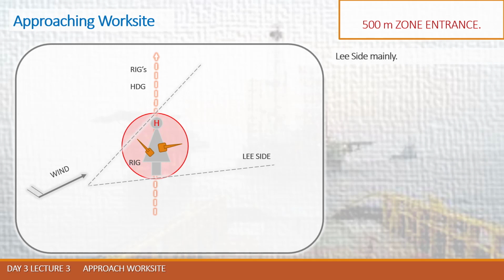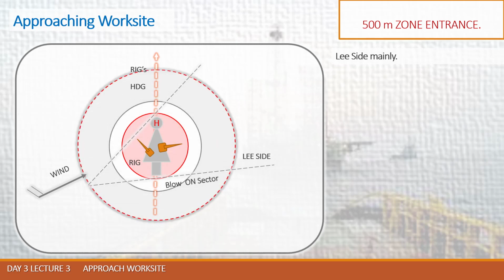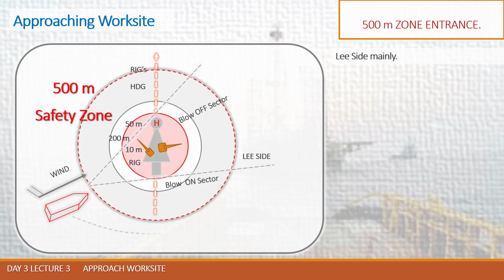By the latest safety circular, from what I know, the preparation for entrance inside the 500-meter zone should be done at 200 meters before the 500-meter zone, so actually at 700 meters away from the installation. Before making the approach, it is recommended to make a drift test to find out the direction of the vessel drift under the environmental conditions.